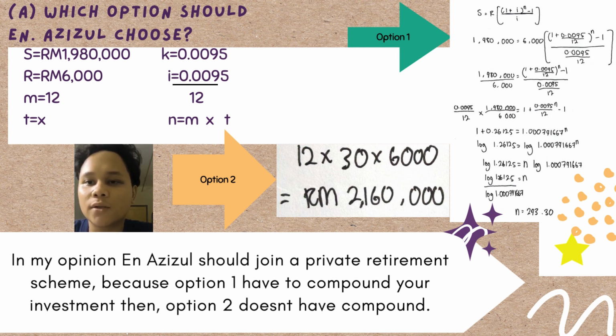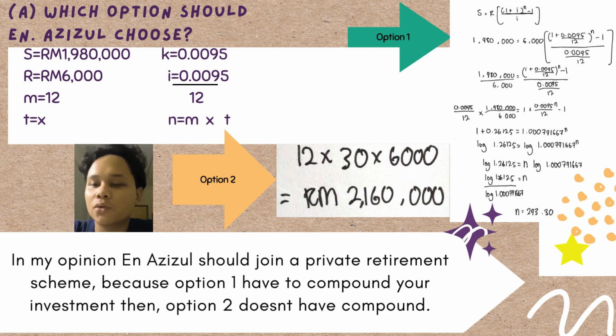K is 0.0095, I is 0.0095 over 12. N equal to M multiply T. Then, at option number 1, when you calculate the number of times the interest is calculated during the interest period, it is RM293.30.